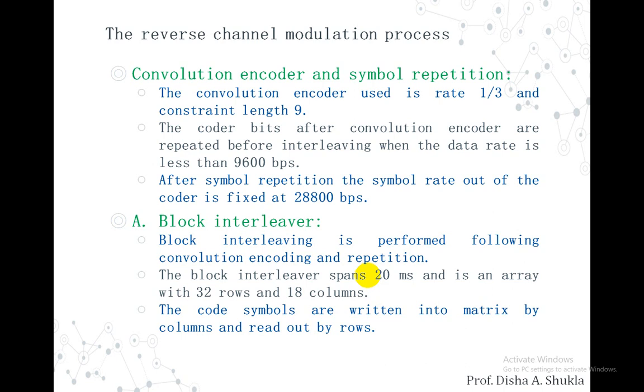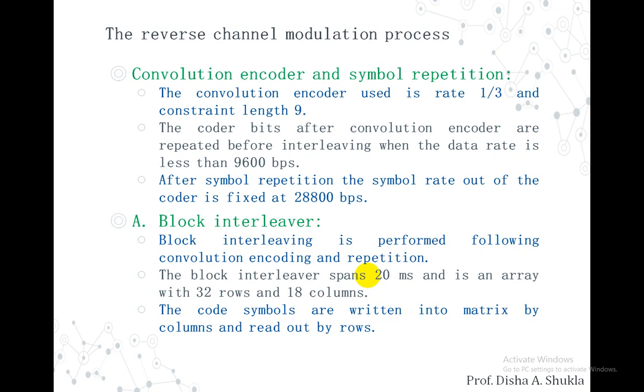The coded bits after the convolutional encoder are repeated before interleaving when the data rate is less than 9600 bits per second. After the symbol repetition, the symbol rate out of the coder is fixed at 28,800 symbols per second.